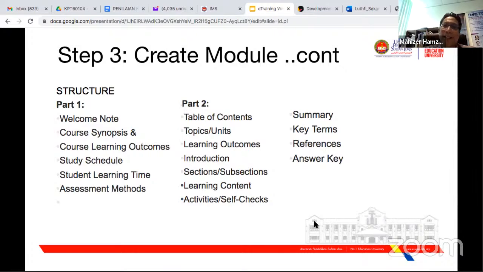And then of course there should be a course synopsis, course learning outcomes for the whole module, and then the study schedule and how to use the module.